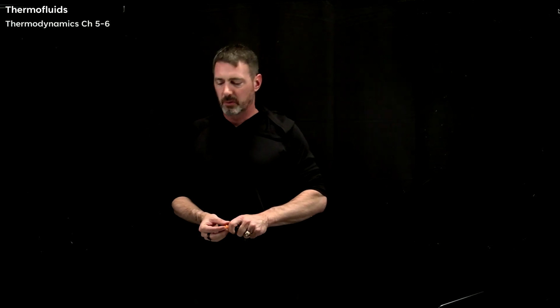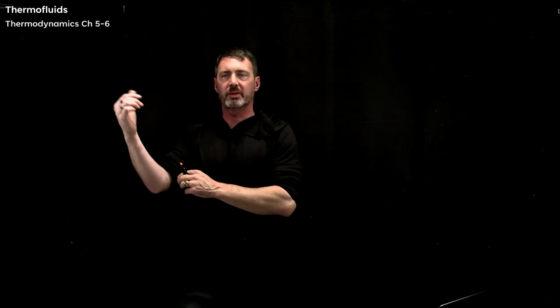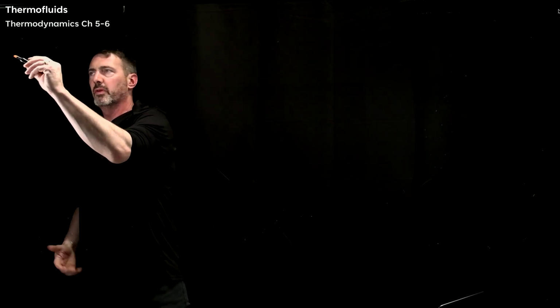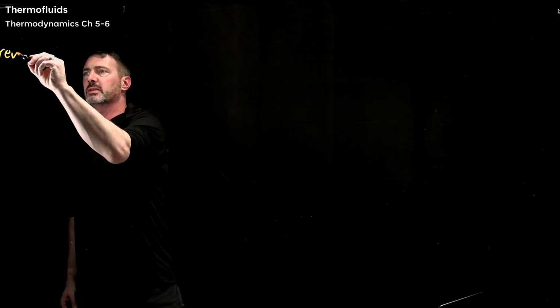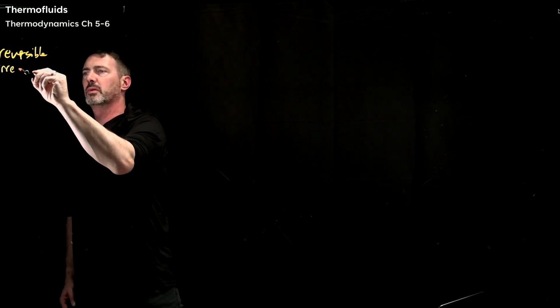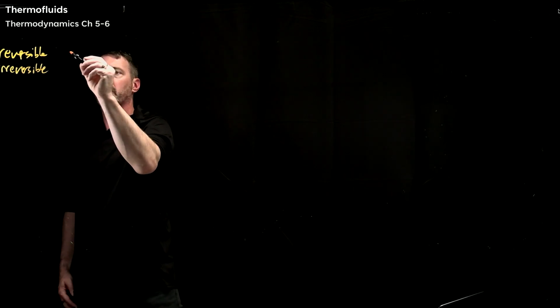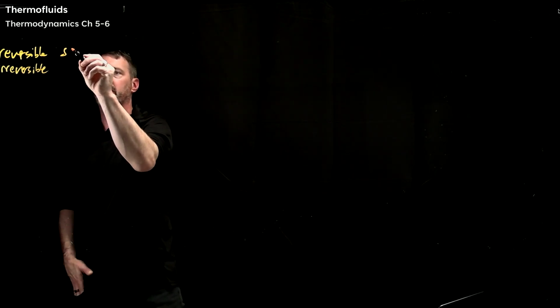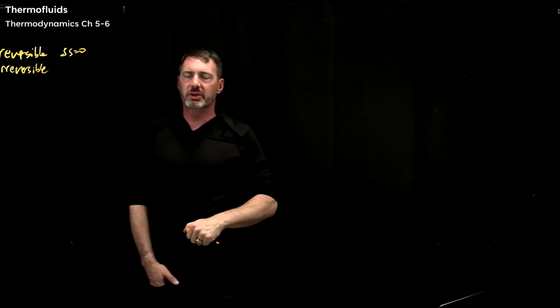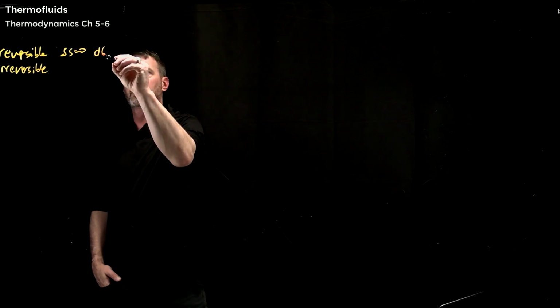Okay? And so really the first thing that we need to talk about in this section again is reversible process versus irreversible. Reversible basically means that the dS is 0, right? That you didn't generate any entropy, and really this is dQ equal to 0.